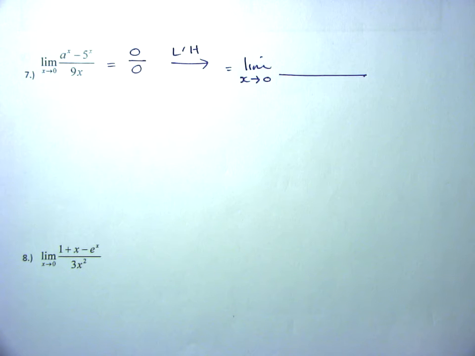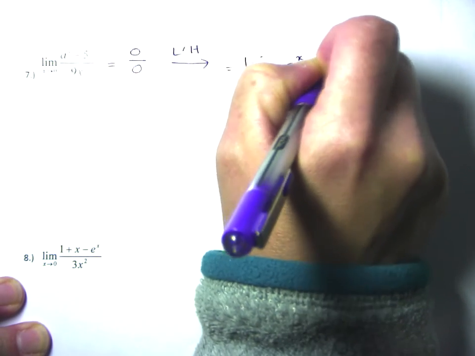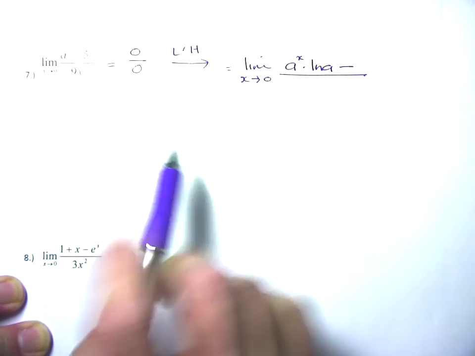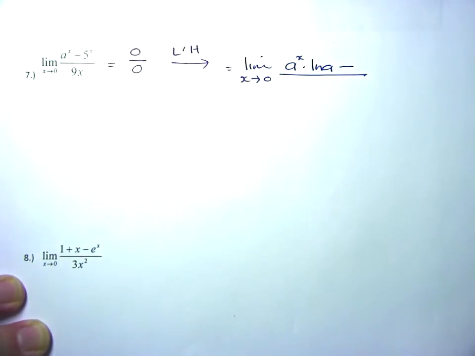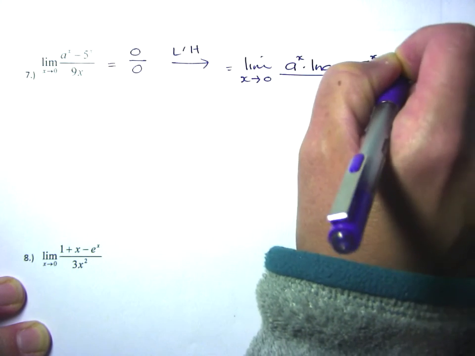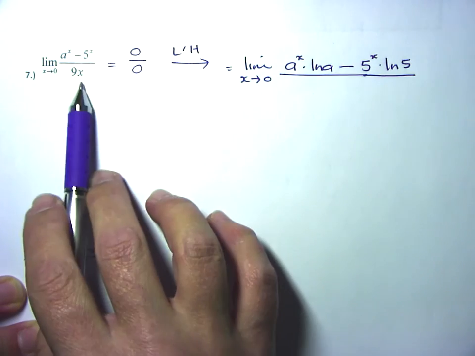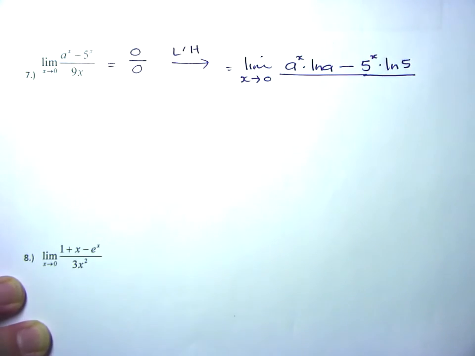Derivative of a to the power x? A to the power x times natural log of a, minus the derivative of 5 raised to the power x, which is 5 to the power x times the natural log of 5, all over the derivative of 9x, which is equal to 9.